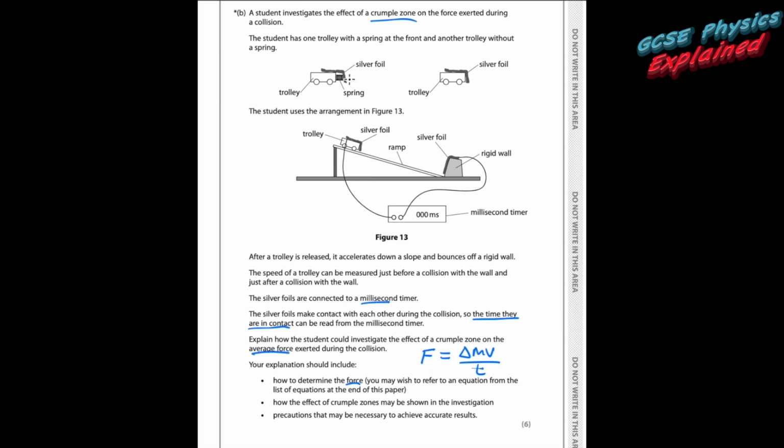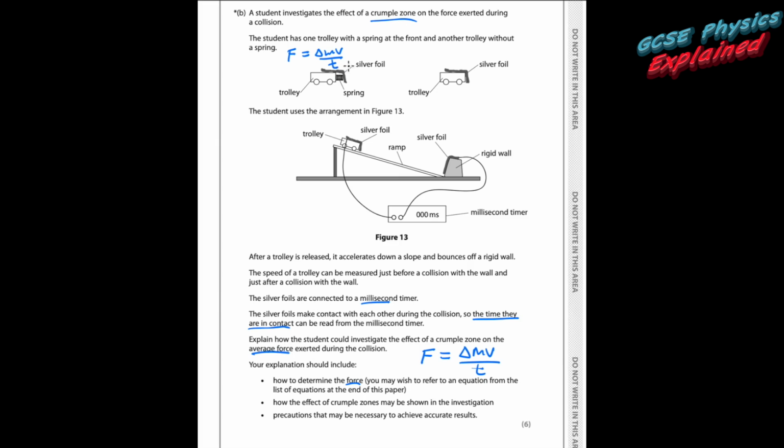Whereas if you've got a crumple zone, that means that the impact time will be bigger. As the spring collapses, that foil will be in contact with this foil for longer. So if that time increases, then the force will decrease.